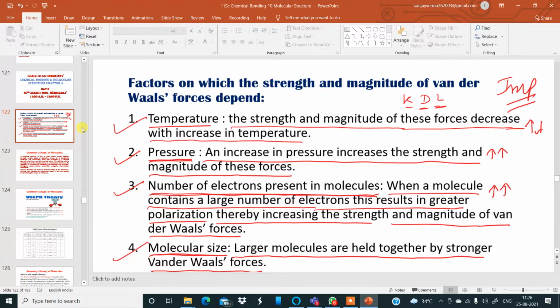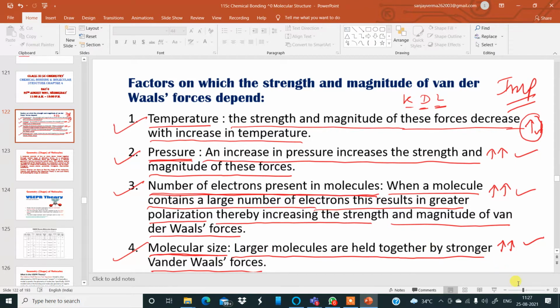And the molecular size, if the size of the molecules is bigger, then the van der Waals force is also bigger. So this is a direct relationship, but in the case of temperature it is an inverse relationship. So I request you to analyze this systematically on your own and try to learn them properly.